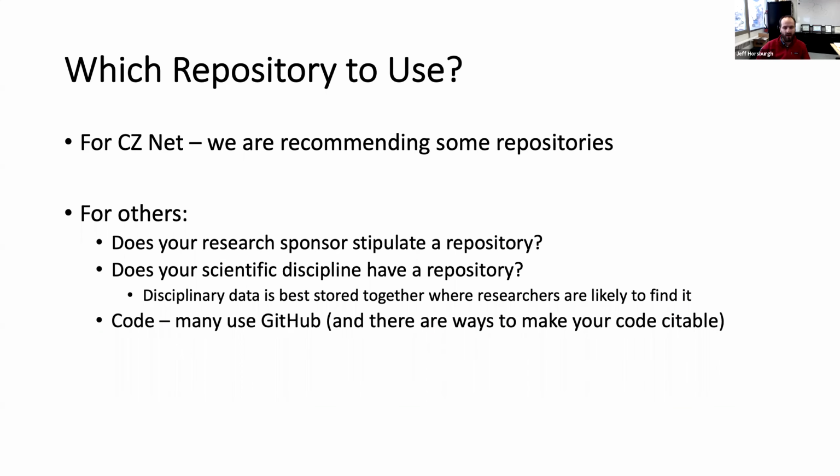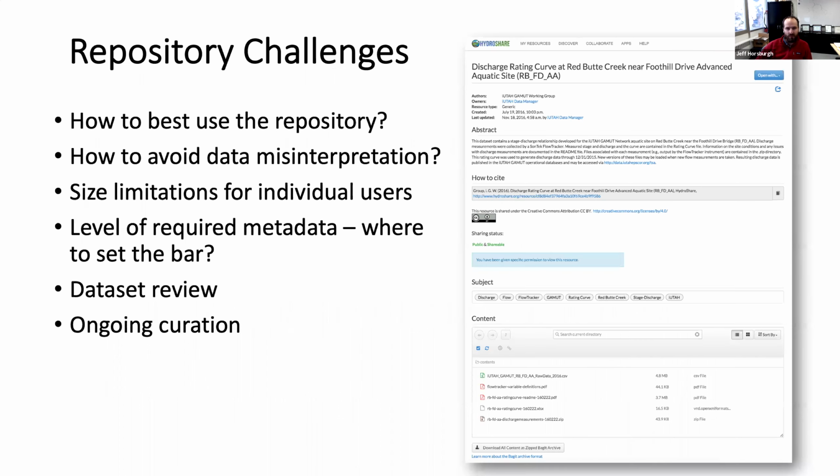Everybody knows that it's a place that you can put your stuff. And it's usually better to have your data in a disciplinary specific repository because it's with other data where other people are likely to find it. And then of course, when it comes to code, a lot of people are using GitHub, and there are ways to actually make your code citable in the same way that you can make data citable.